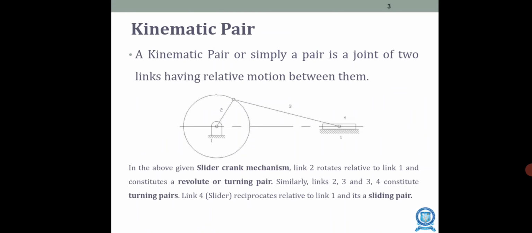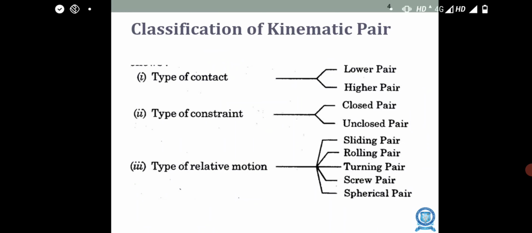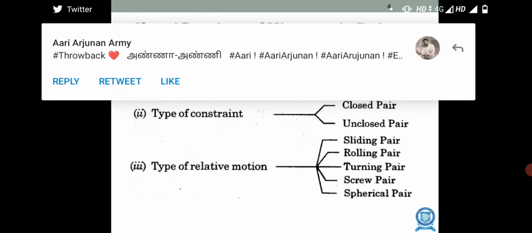Link 4 is reciprocating; you can see this slider reciprocating with respect to link 1, and it is called a sliding pair. So again, 2 and 1, 2 and 3, and 3 and 4 are turning pairs, and link 4 with link 1 is a sliding pair.